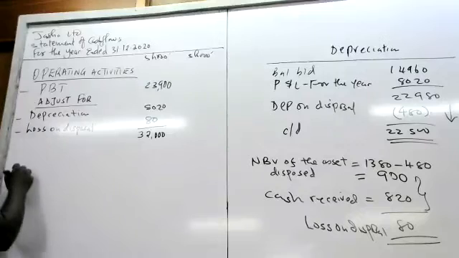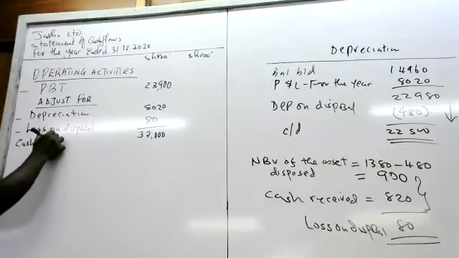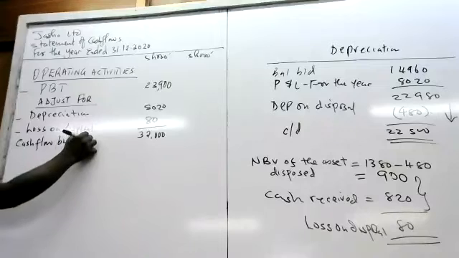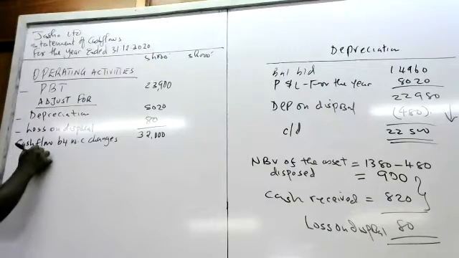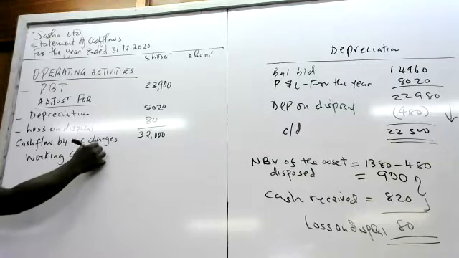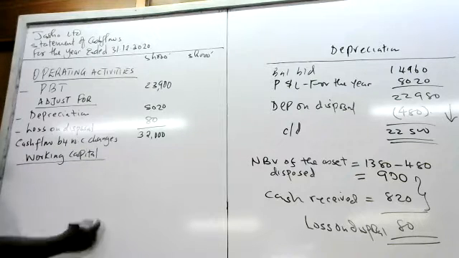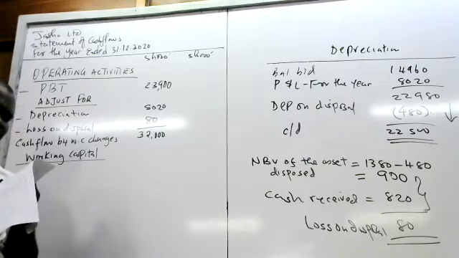That is cash flow before working capital changes. Give me the working capital. In this question, there is no prepayment, there is no accrual.